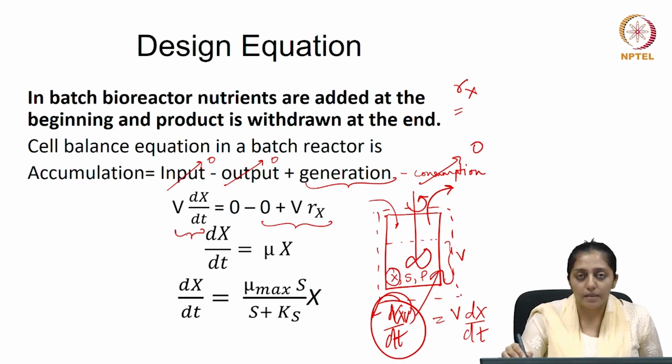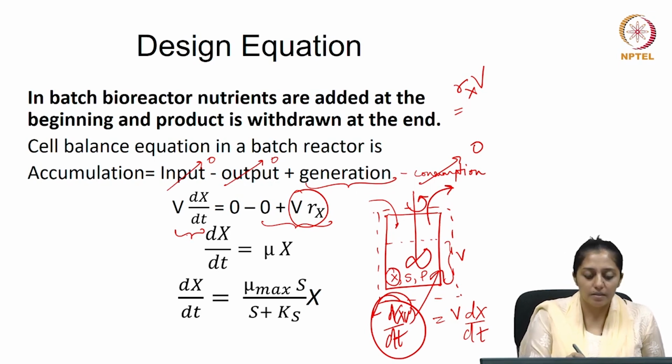Again, it is a cell mass balance. So, the V can be multiplied and can be taken out from the differential. So, it is V times Rx, it is the rate at which the mass is getting generated, this is the rate at which the cell mass is getting accumulated.